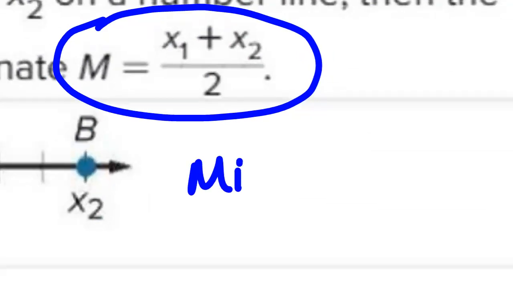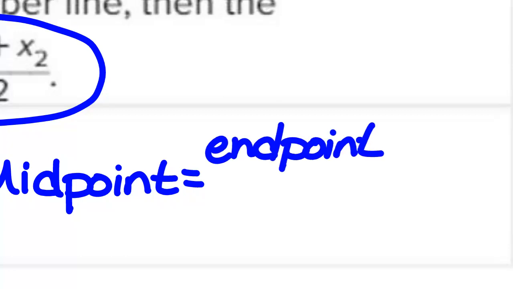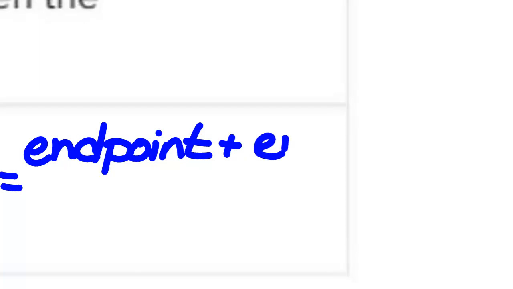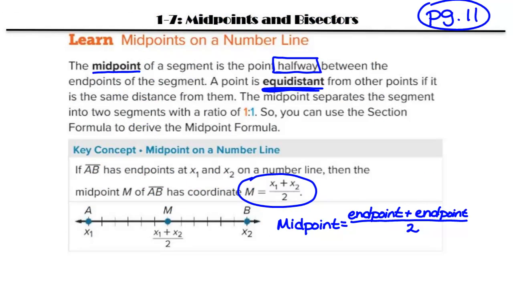So the midpoint on a number line is equal to the endpoint plus the other endpoint divided by 2. Endpoint plus endpoint divided by 2 when we're finding the midpoint on a number line. Let's look at using this in a couple examples.